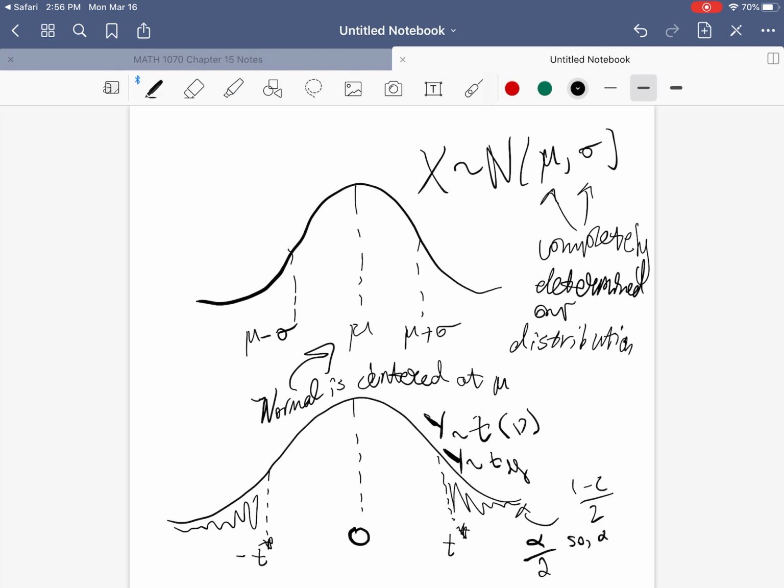If we think in terms of 95%, alpha is 0.05, which implies 5%, so this is about 2.5%.